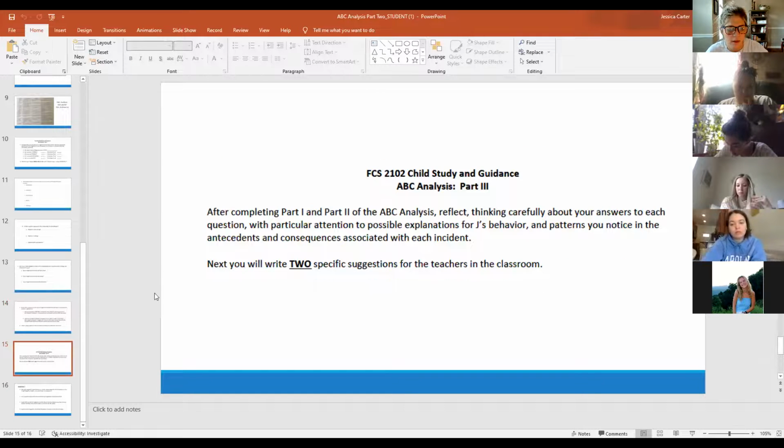And then, has anyone given thought to the specific suggestions that you would offer to a teacher in the classroom? The suggestion that I made was, I noticed that they would talk about what he did wrong in a group setting. Like the teachers, at least, it didn't specify.